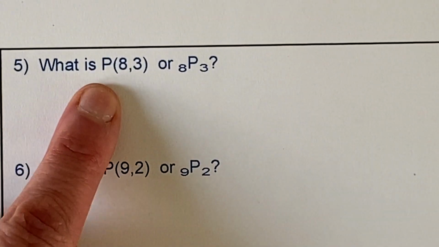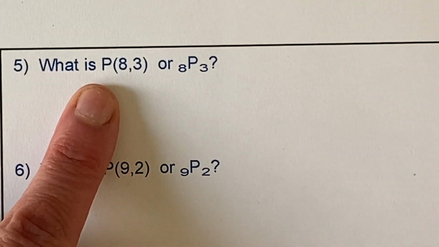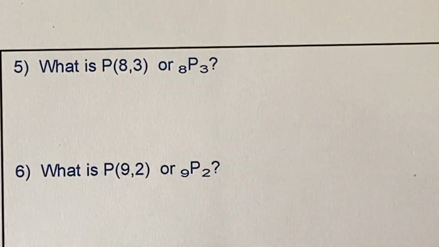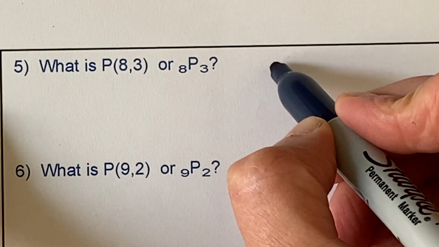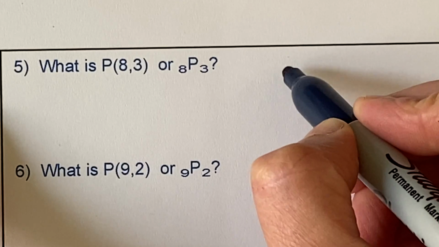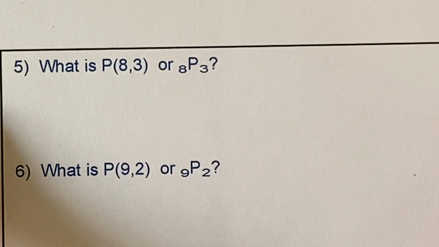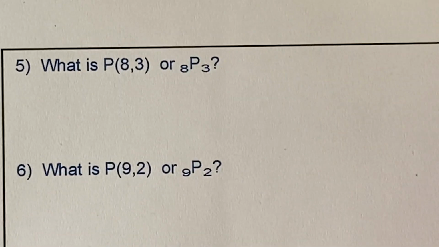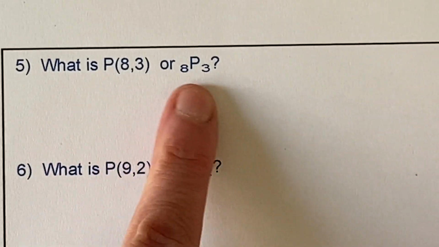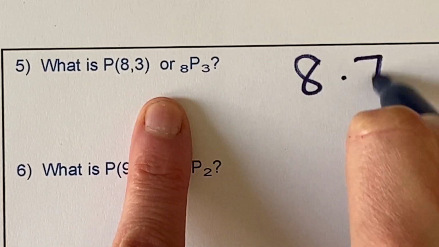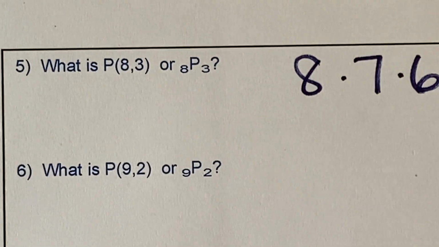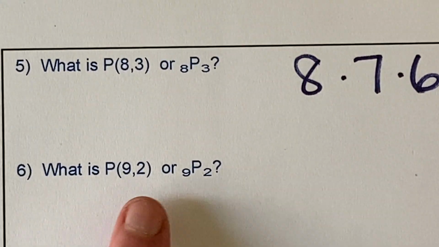The big P is the permutation here, right? When there are 2 numbers, it's permutation like that. So I have 8 kids or objects, and I care about 3 of them, and order matters. This is the same way to write it, and you get your answer.